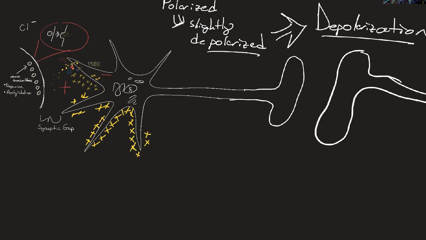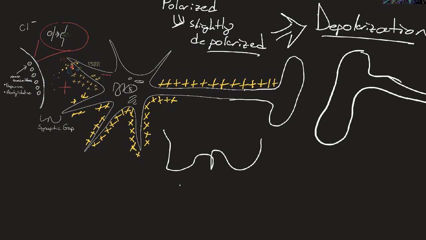So all these positive charges start to flow in. When they flow in, the outside becomes less positive, the inside becomes less negative, it becomes depolarized all the way down the axon. By the way, this is called an axon in the cell. This is the long part of the cell. It depolarizes all the way down.